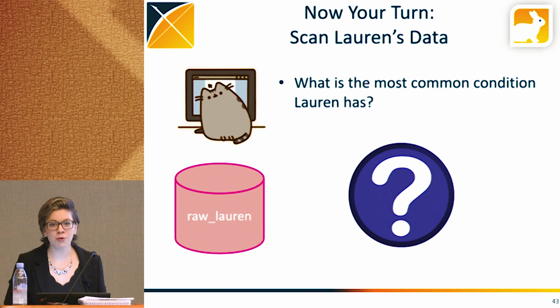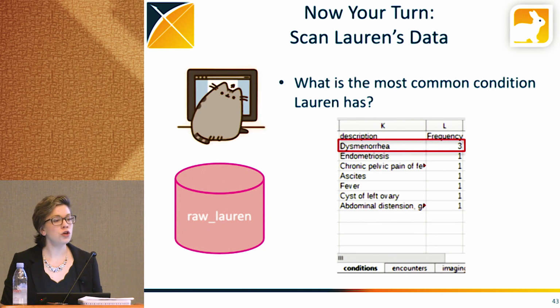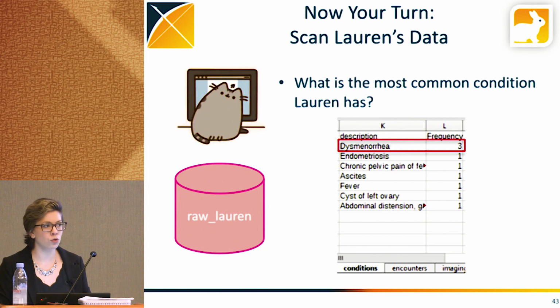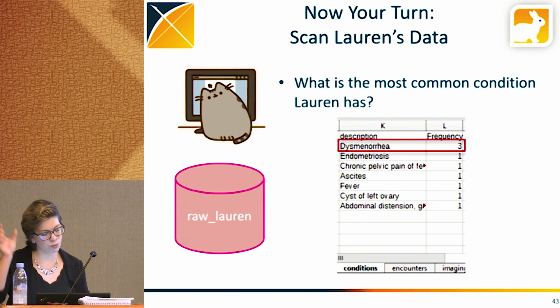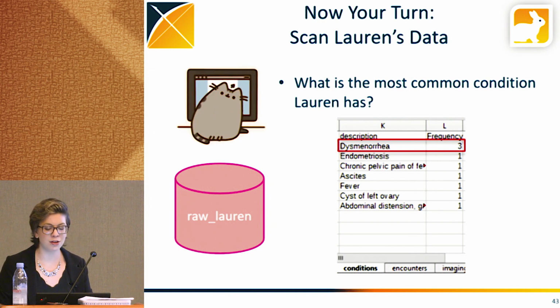So what the scan report's doing is it's going to show you the most frequent things first. So if you were to go to the conditions tab on Lauren's scan report, there should be a description field, around column K. You'll see that Lauren has 3 records for dysmenorrhea.